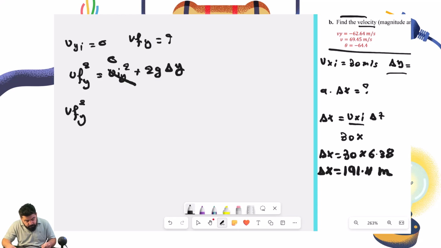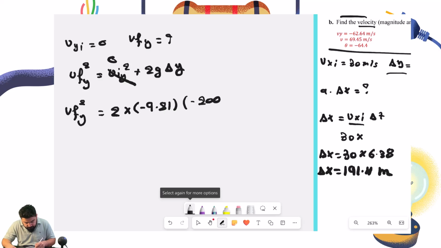It is equal to 2 multiplied by negative 9.81, then I have delta y, which is negative 200. Okay, so let's multiply this: 2 times 9.81 times 200.